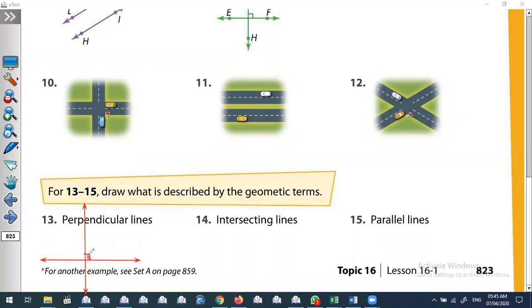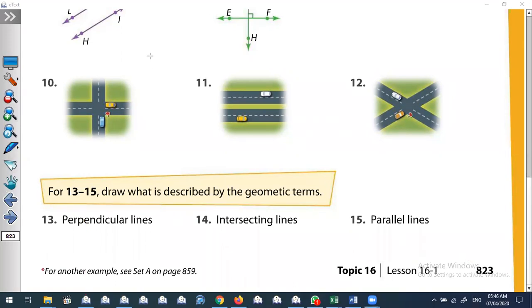The square corner is very important. Intersecting lines, like the letter X or the blades of the scissor. Let's make an X scissor, like that. Parallel lines never intersect. The second one will be like that, never intersect.